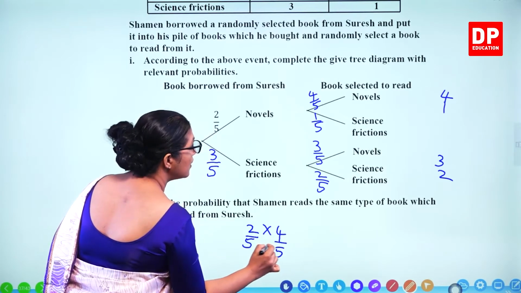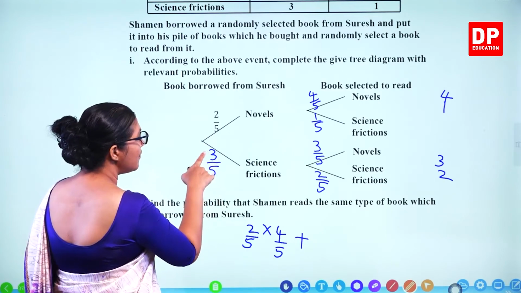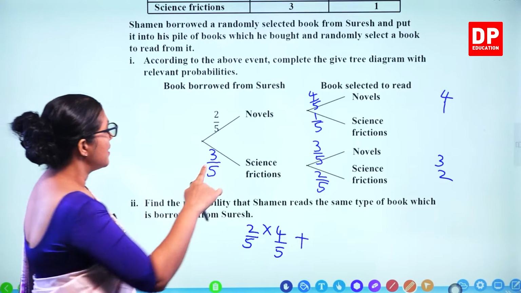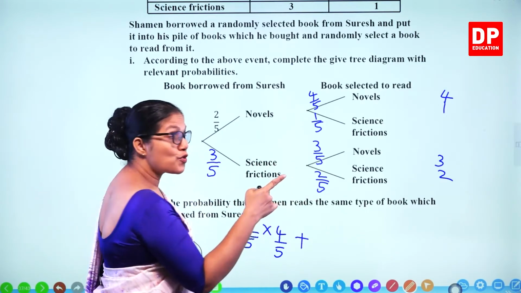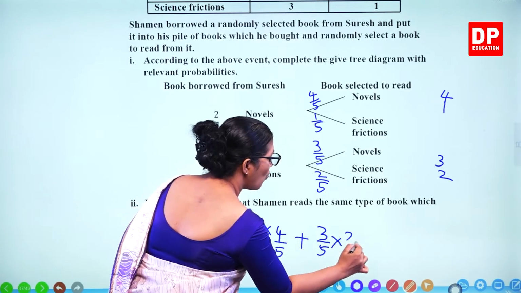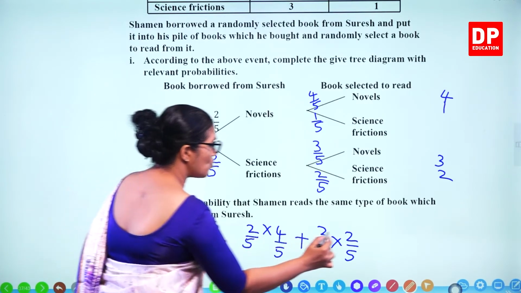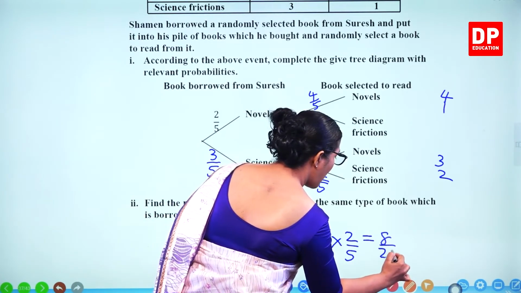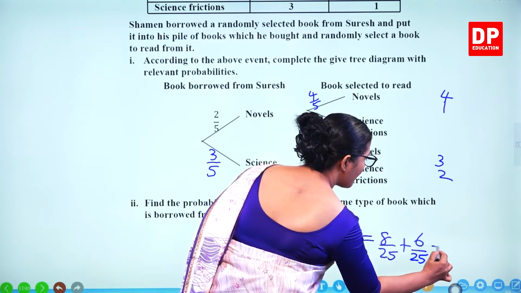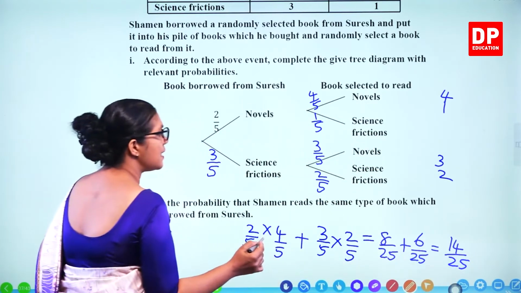Same type of book, plus, or then you have to select reading and getting a science fiction from Suresh, 3 over 5 and 2 over 5. Now simplify. 4 times 2, 8 over 25. And here 3 times 2, 6 over 25. 14 over 25 is the probability.